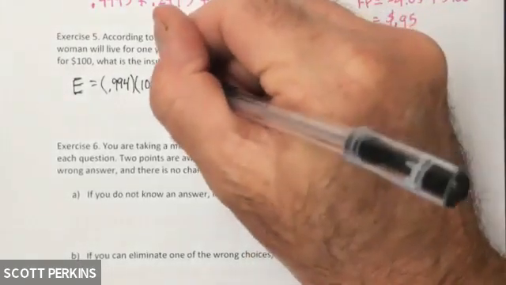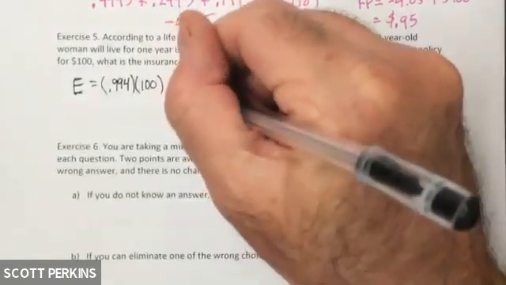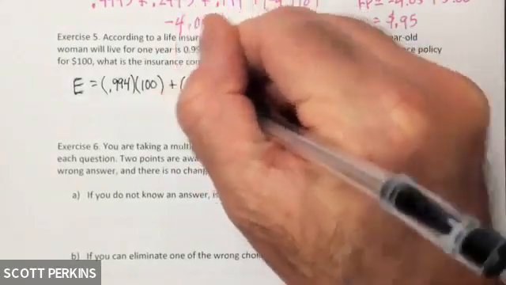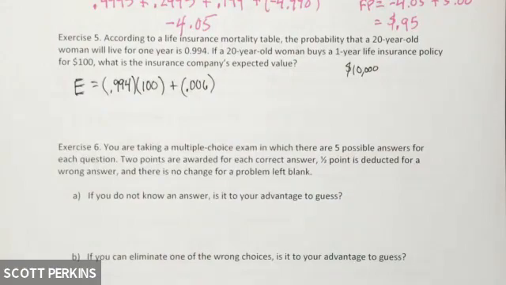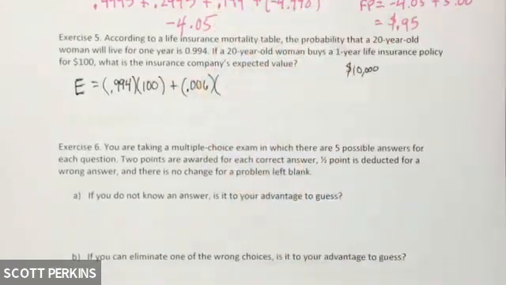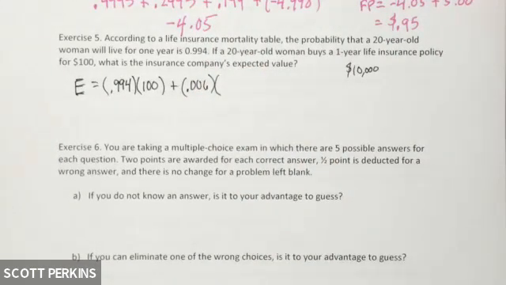Plus, what's the probability that this woman doesn't make it? It's 0.006. Remember, for our expected value, the probabilities should add up to 1 if we've considered every possible outcome.